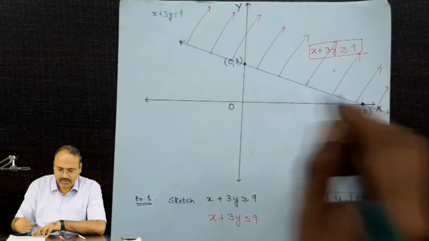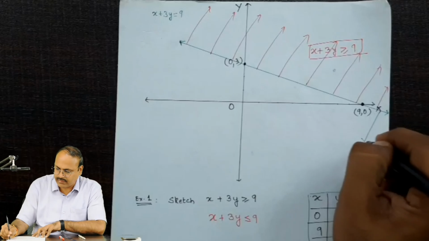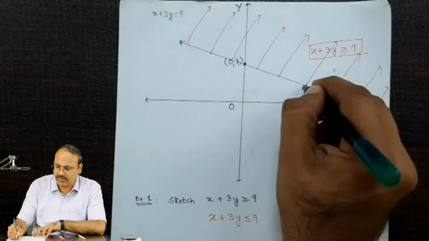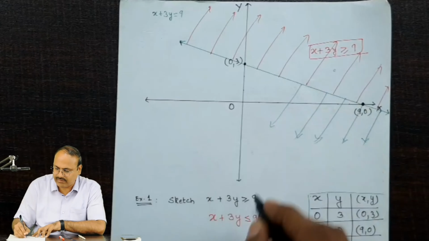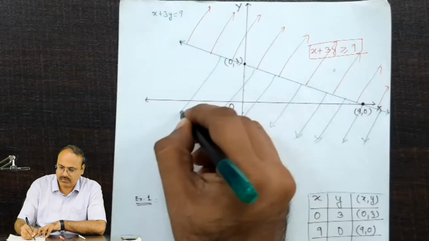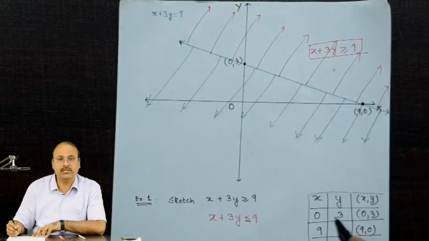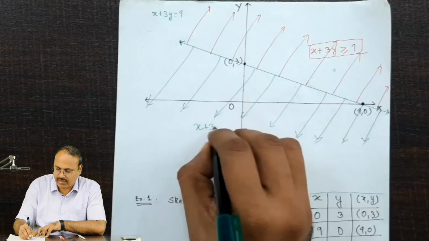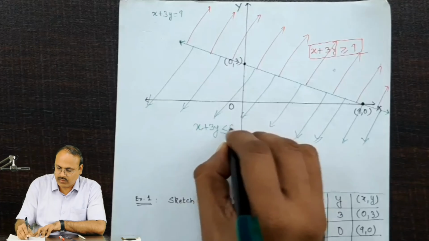So this is the line, this is the region, and I am drawing the region with the point on the line because we have the equality symbol also there. This region below this line represents x plus 3y less than or equal to 9.